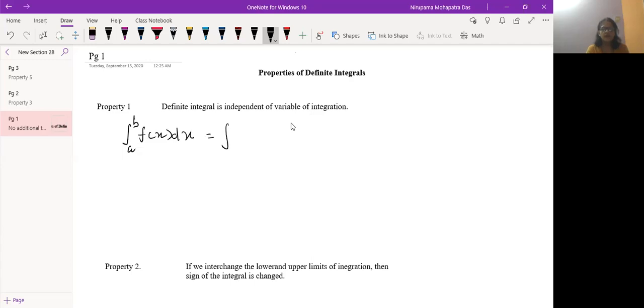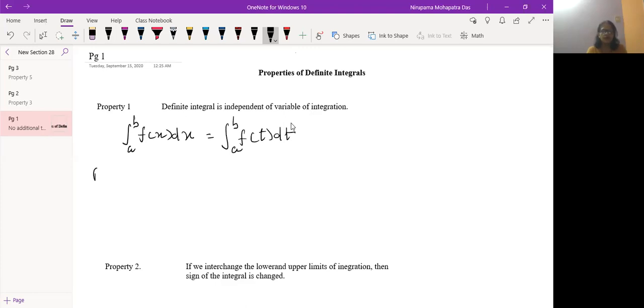This is equal to the integral from a to b of f(t) dt. Here the variable of integration is t. So whether you take x or t, there is no change. It is independent of the variable of integration.